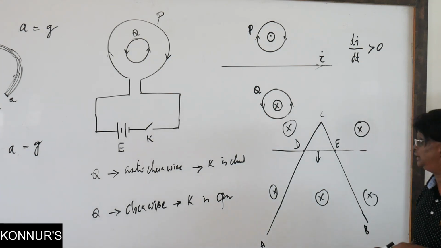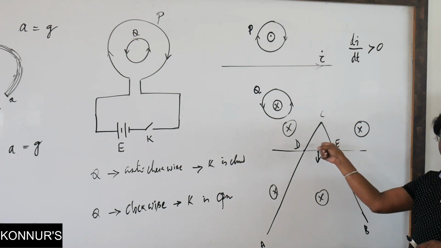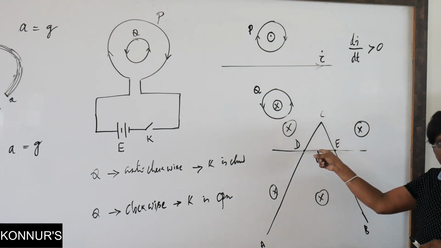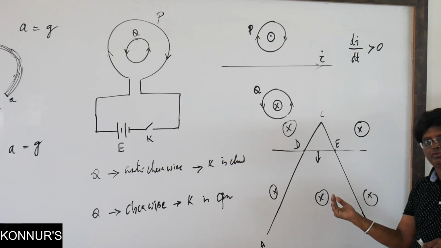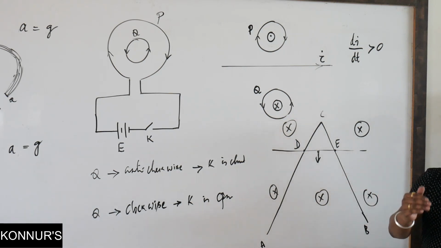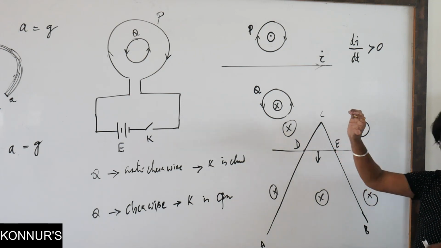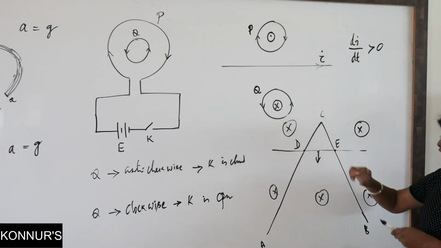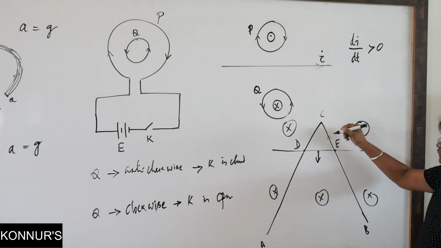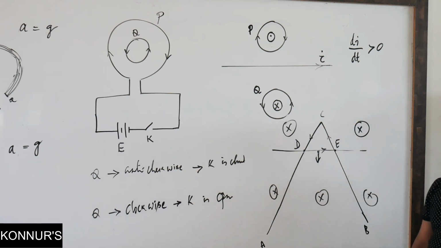Now what flux is there? There is now inward flux and it is increasing. Therefore we should have an outward flux. Outward means like this. Now look at this arrow again. I am telling you outward flux we need due to the induced current. Therefore it will be anti-clockwise currents that are induced.